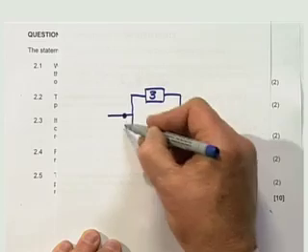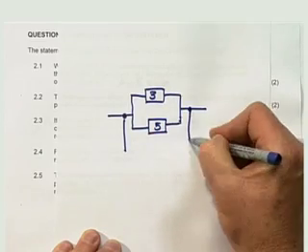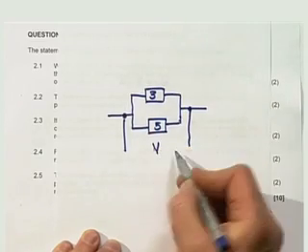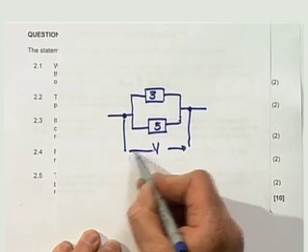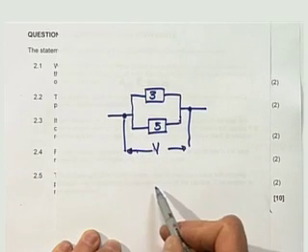The point here is that the potential difference across those two resistors is exactly the same.